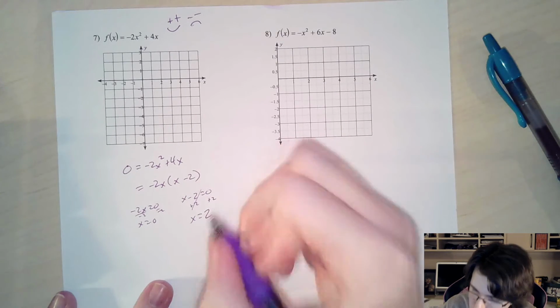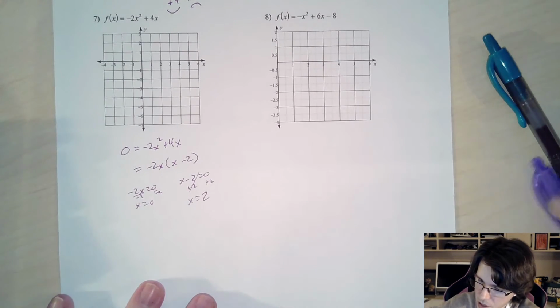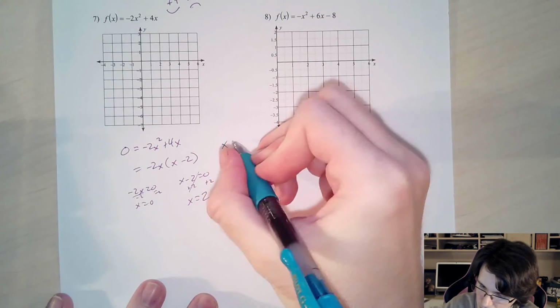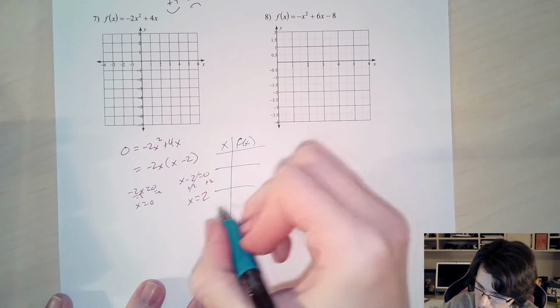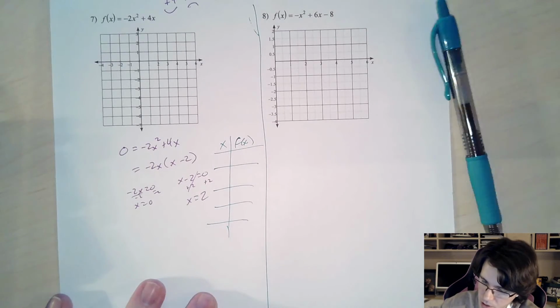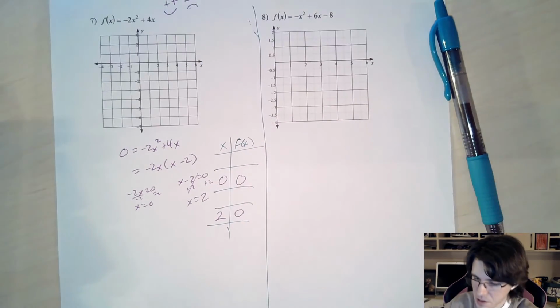Going to give you x equal to 2. Starting off our set of coordinates, let's get going on it. We have x and f of x. And there we go. We have 0, 0, and 2, 0.